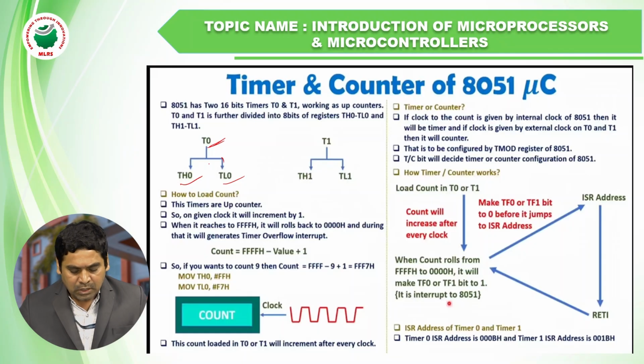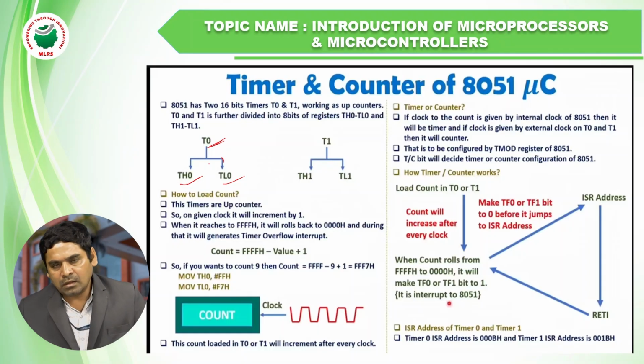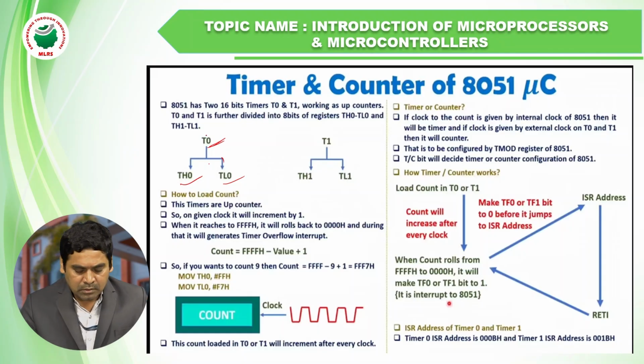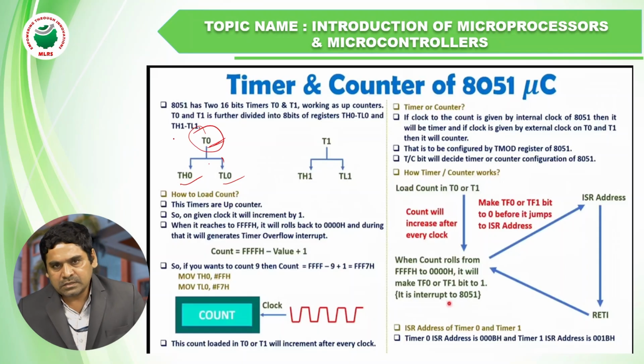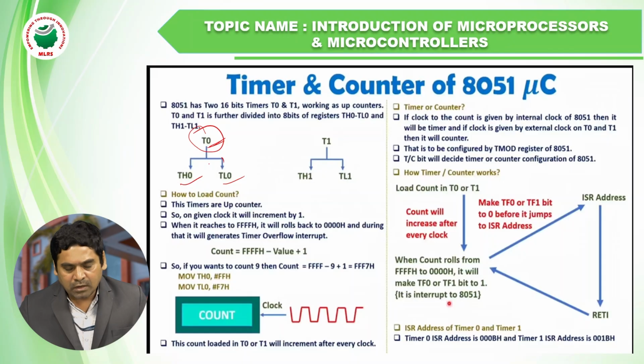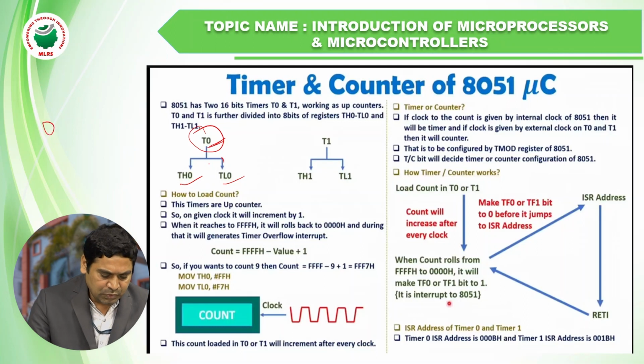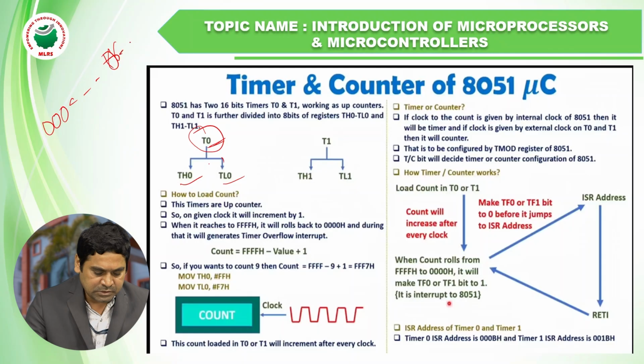When a clock is given, it increments by 1. T0 contains 16 bits. When this 16-bit register gets 1 clock, it increments by 1. Starting from 0000, 16 bits, when it gets 1 clock it increments by 1 to 0001, still 16 bits.